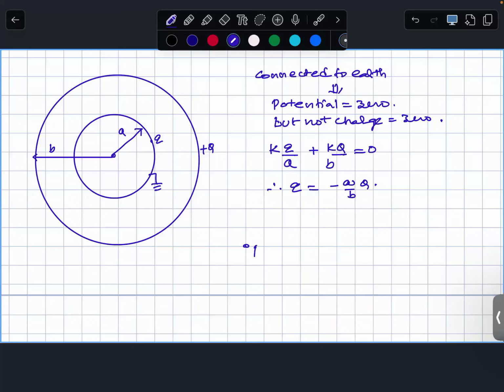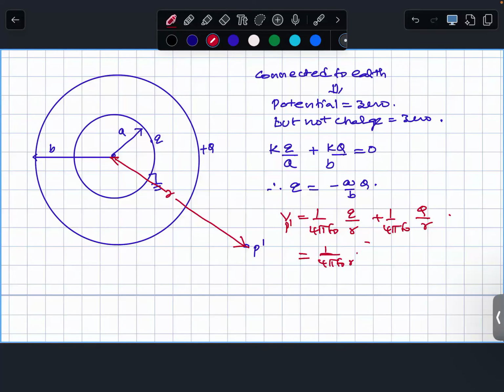Now you choose some point P dash over here, which is at a distance R. So now what is the potential at that point? Potential at that point P is 1 by 4 pi epsilon naught Q by R, plus 1 by 4 pi epsilon naught Q dash by R. So therefore, 1 by 4 pi epsilon naught R into Q plus Q dash.